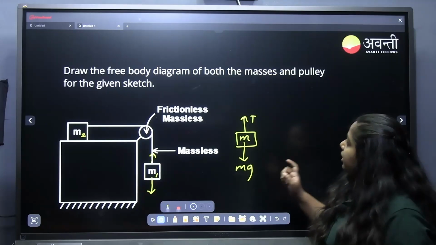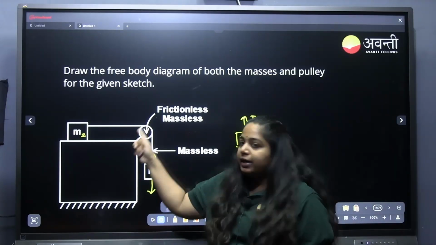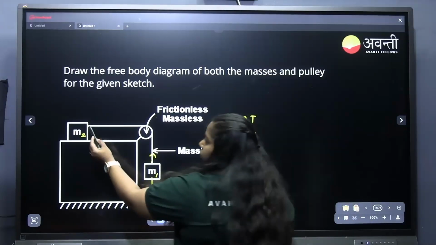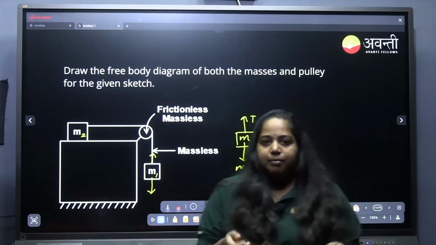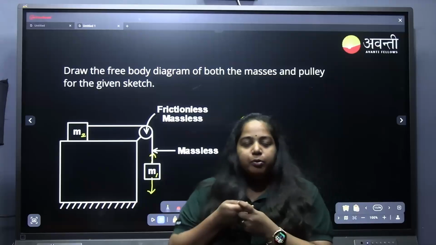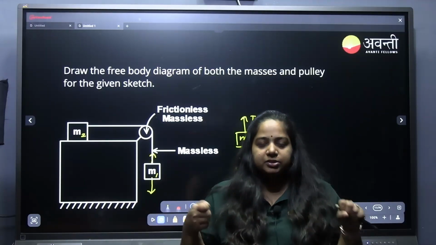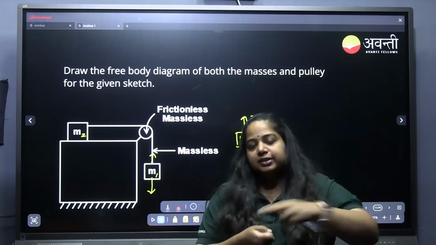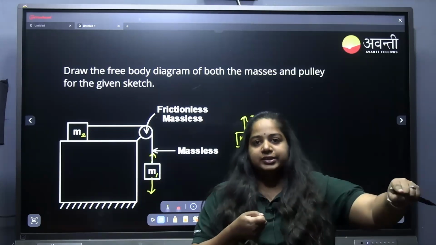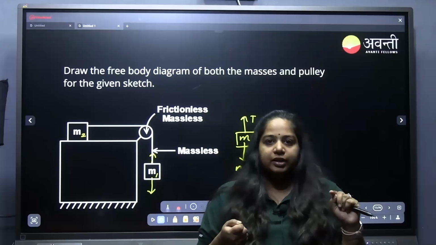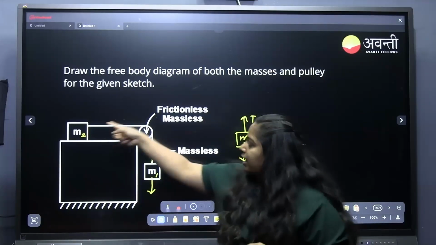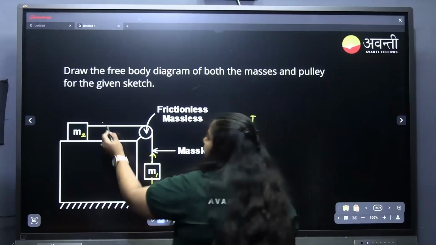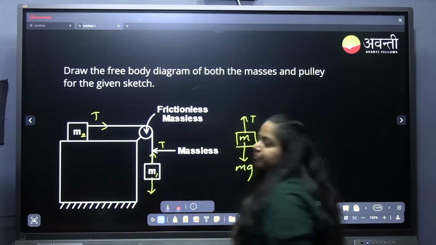See, if the pulley is frictionless and massless, in that case the whole string will have the same tension. Imagine you and your friend are pulling from both sides of a string. If you are pulling and he is pulling with the same force and it is in equilibrium, the whole string will have the same tension, right? So it is the same string, then it will have the same tension on both ends. So this will also have tension T.